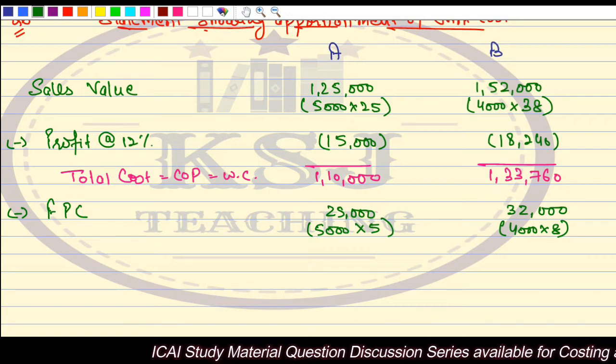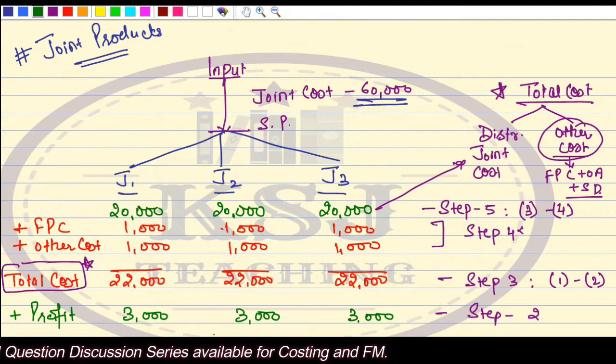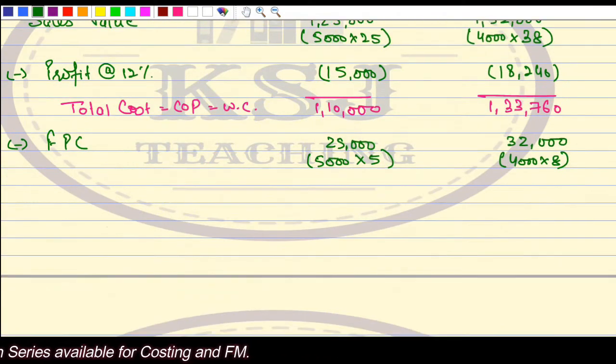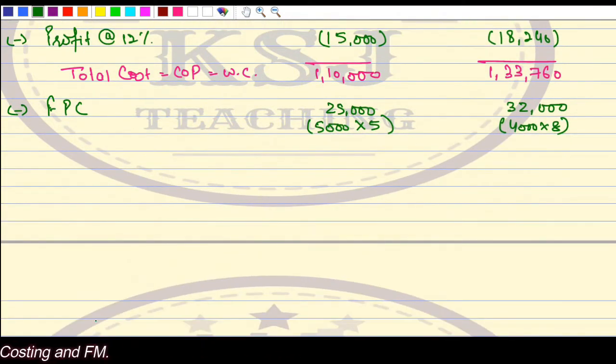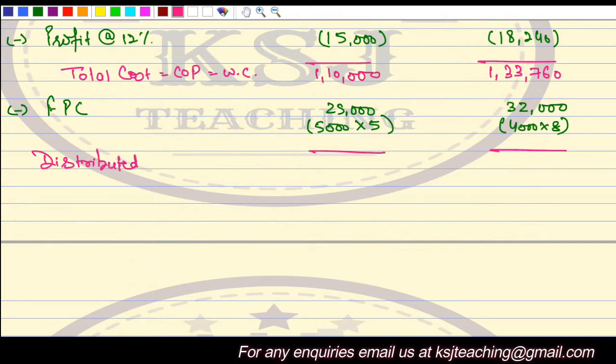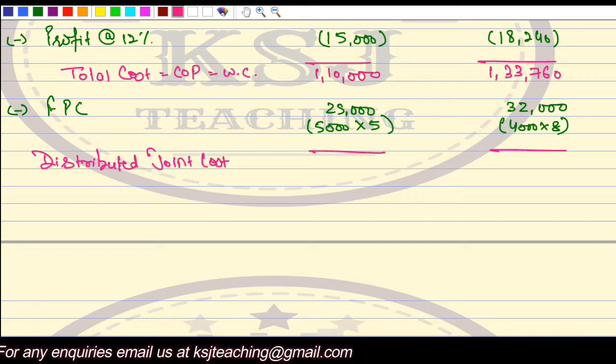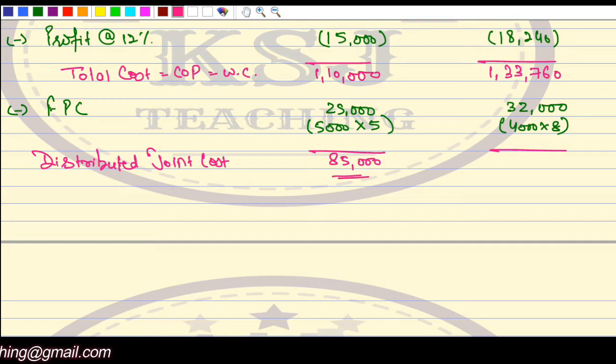So after the subtraction of FPC from the total cost, what you will get? The distributed joint cost, the share in the joint cost, right? That comes out to be 85,000 and 1,01,760.